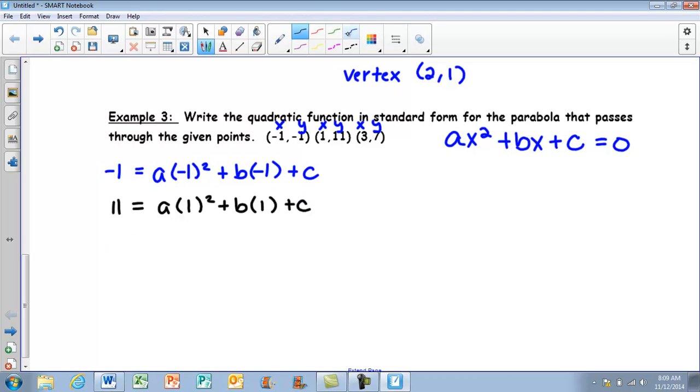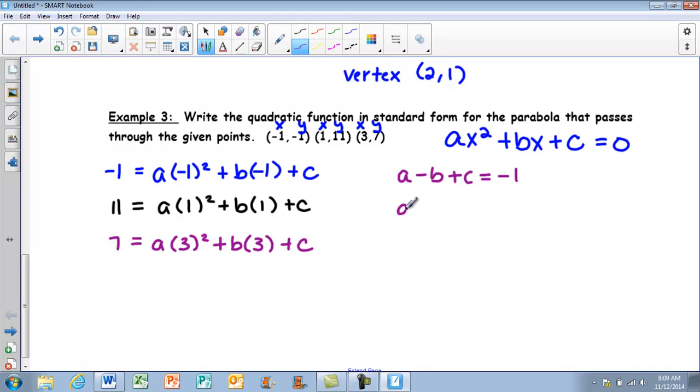And then the last one here, I have 7 equals a times 3 squared plus b times 3 plus c. Now, I can simplify and rewrite this, so I have a minus b plus c equals -1, and that's when I simplify that top equation.